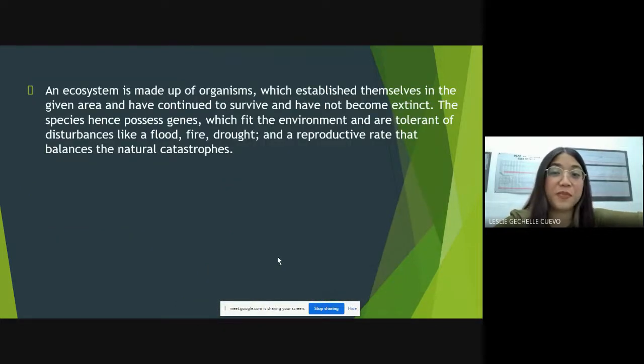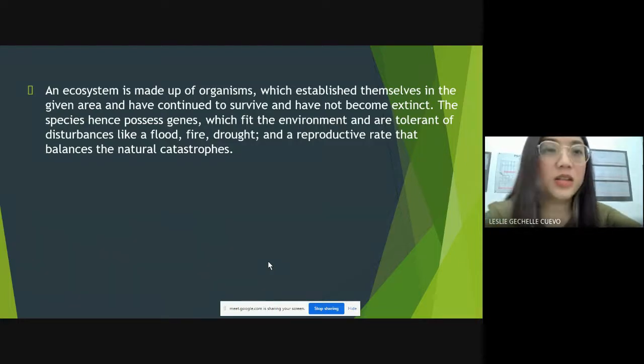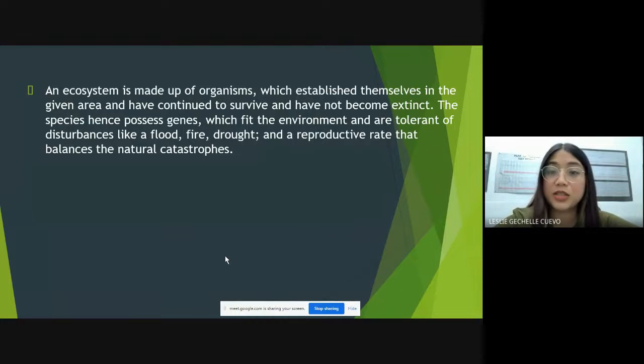Isang ecosystem yun. An ecosystem is made up of organisms which establish themselves in a given area and have continued to survive and have not become extinct. The species hence possess genes which fit the environment and are tolerant of disturbances like flood, fire, drought, and a reproductive rate that balances the natural catastrophes.